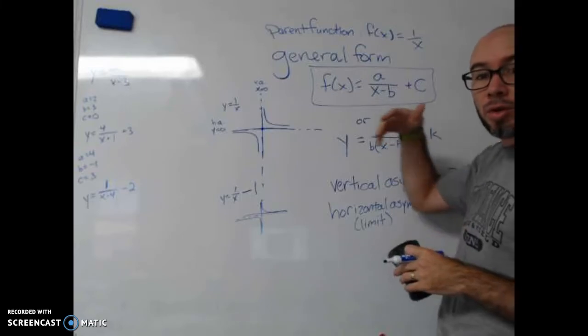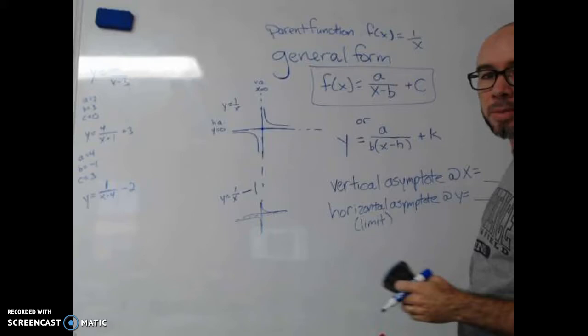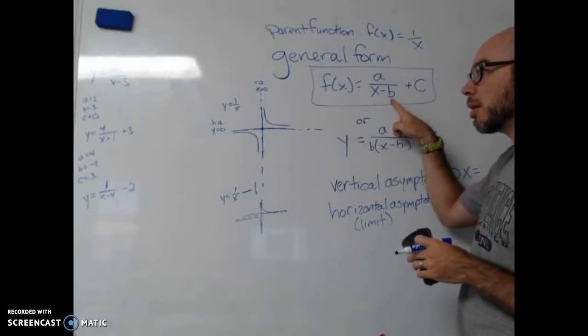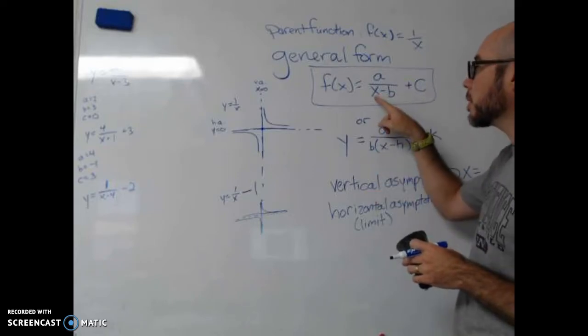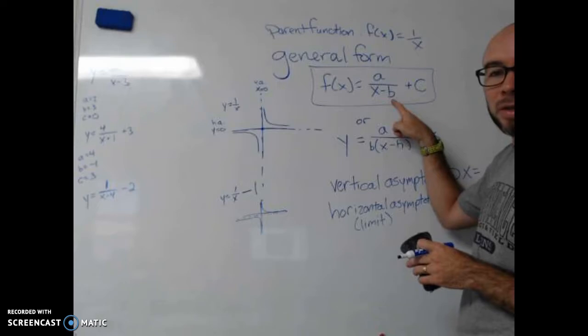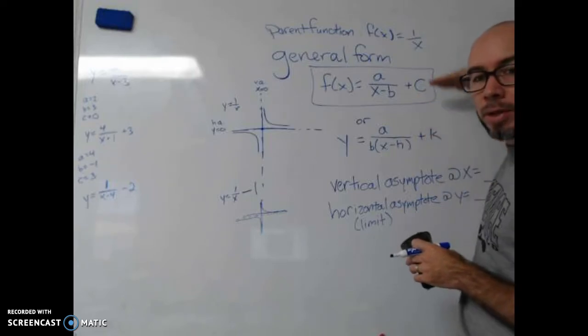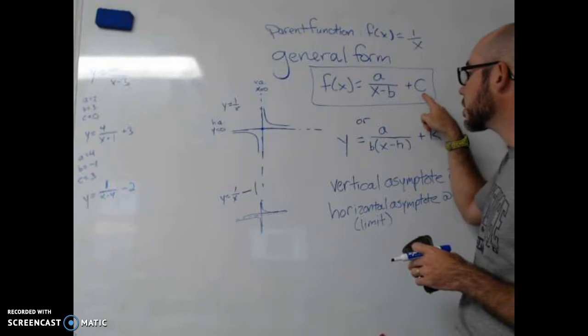If A is 2, then we stretch it out twice as much. If it's 3, we stretch it out 3 times as much. B is going to be the shifting that we do to the left or to the right, and the form is always x minus whatever shift we do to the left or to the right. And then C is going to be the shifting that we do up or down. And note the form is plus C.